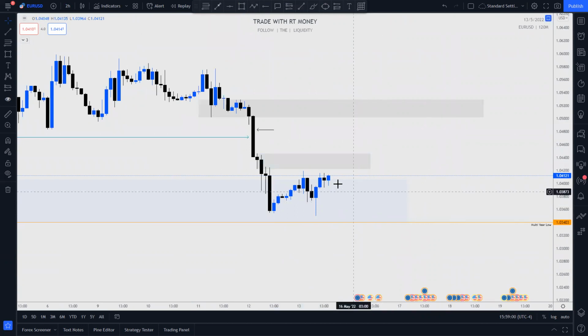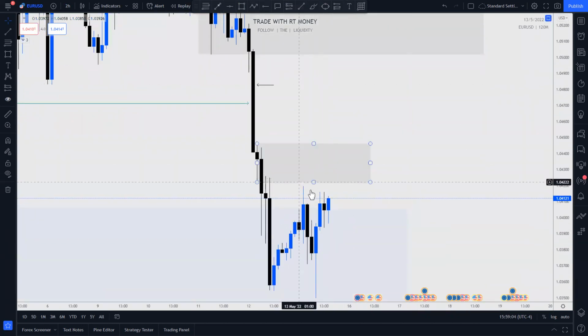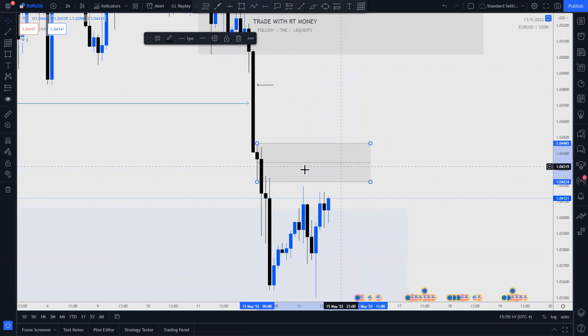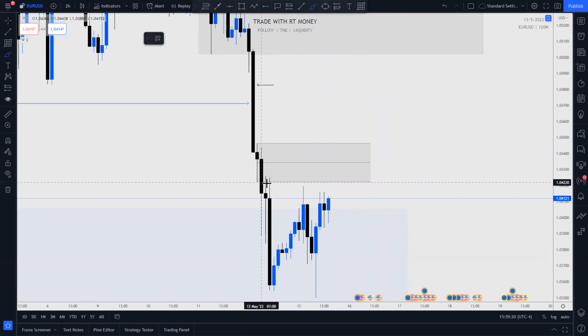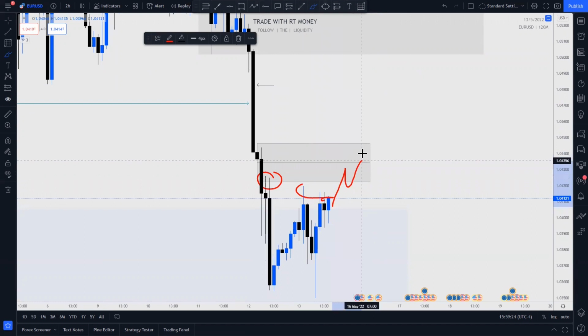And it could sweep these highs into this zone, right around the 50% mark of this zone. Maybe we get up to this high after it sweeps the liquidity at these highs, and then we take a short there.